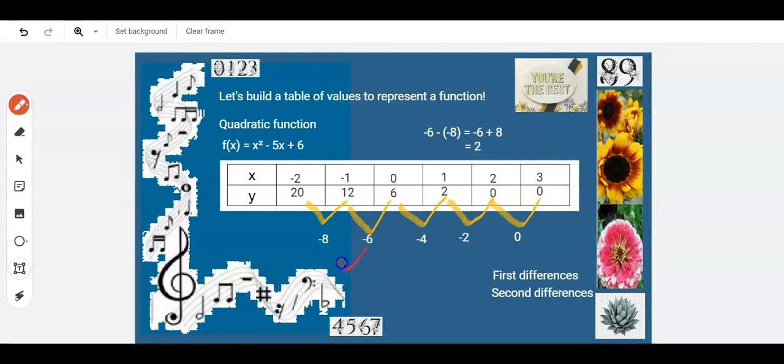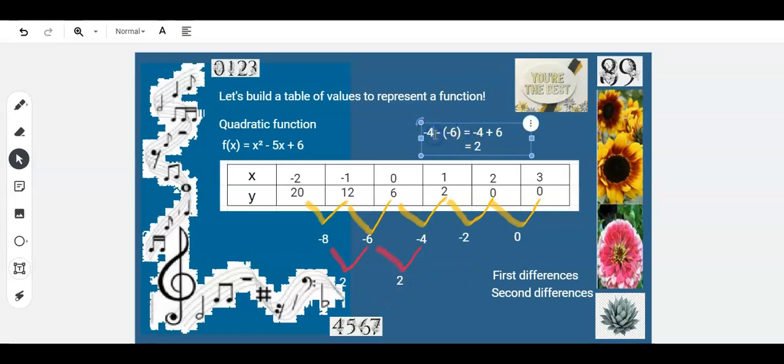Negative 6 minus negative 8 is 2. Negative 4 minus negative 6, that would be negative 4 plus 6. Negative 4 plus 6 is 2. So negative 4 minus negative 6 is equal to 2.